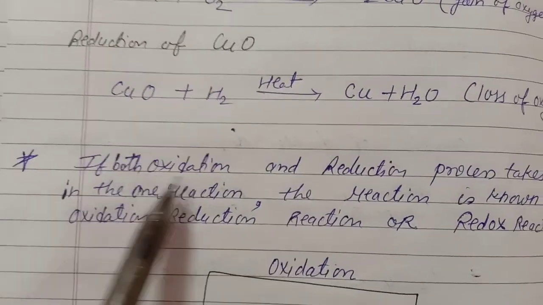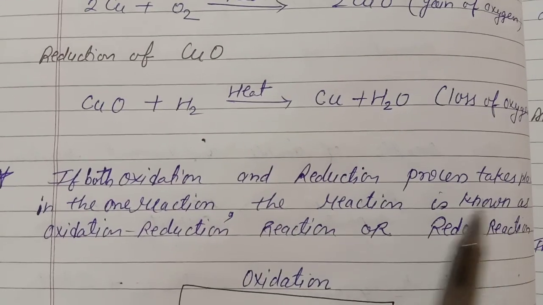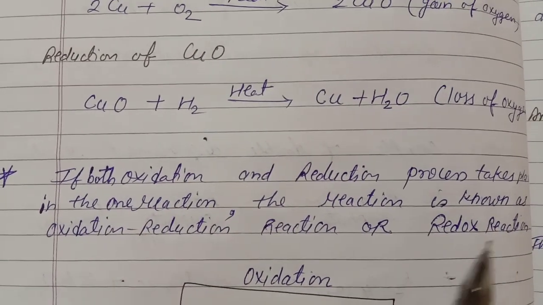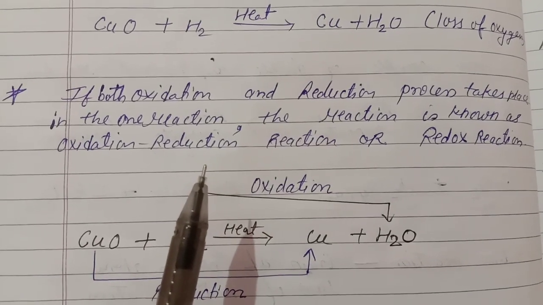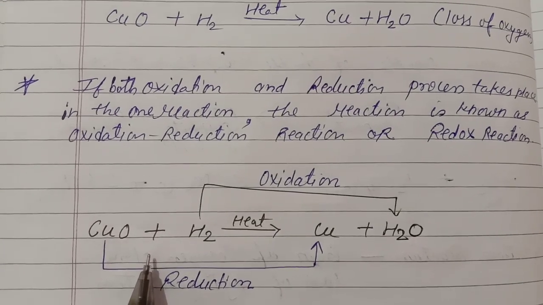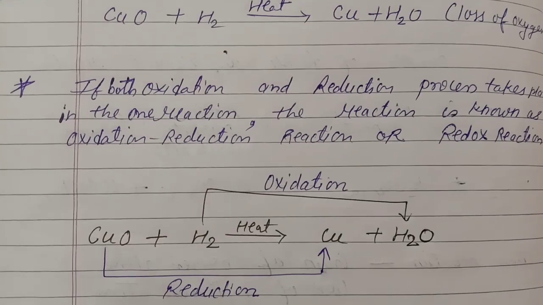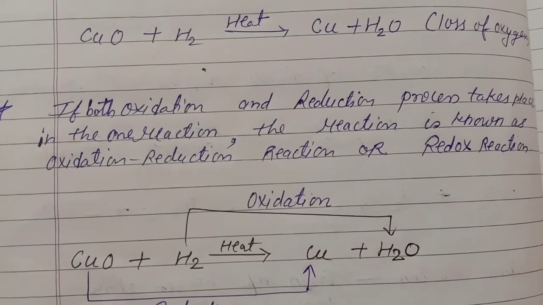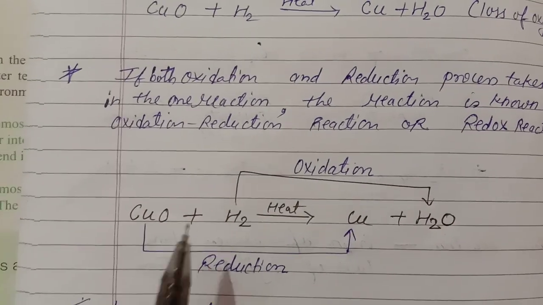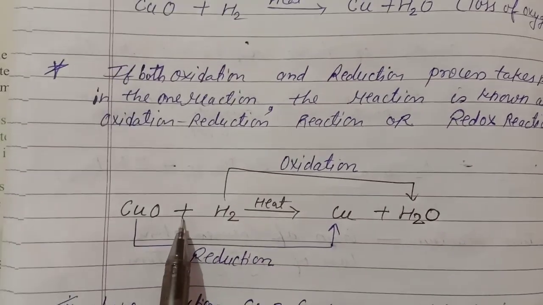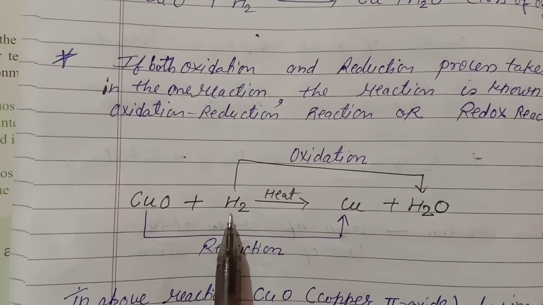So if both oxidation and reduction processes take place in one reaction, the reaction is known as oxidation reduction reaction or redox reaction. See, this example is in your NCERT book, which is showing that oxidation and reduction both take place in the same or common reaction. In this case, the copper oxide is heated in the presence of hydrogen gas.